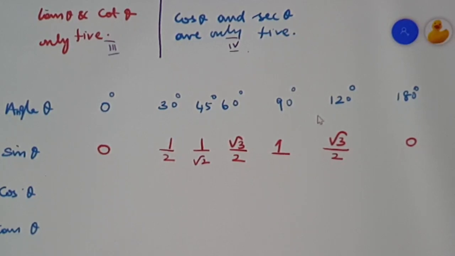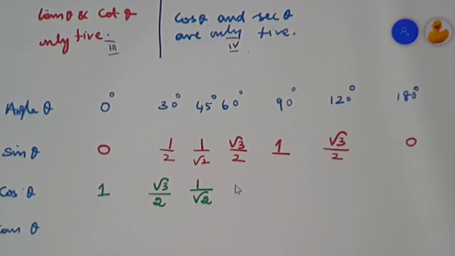So then, let us go for cos. What is the value of cos theta? Cos 0, I have to write as 1. Then cos 30 is root 3 divided by 2. Cos 45 is 1 divided by root 2.